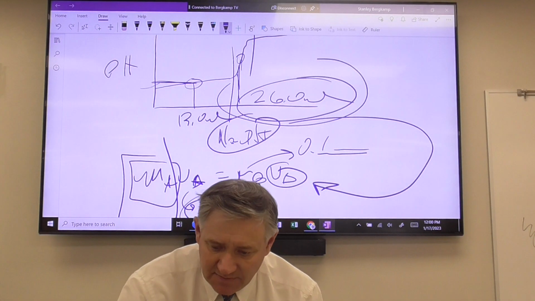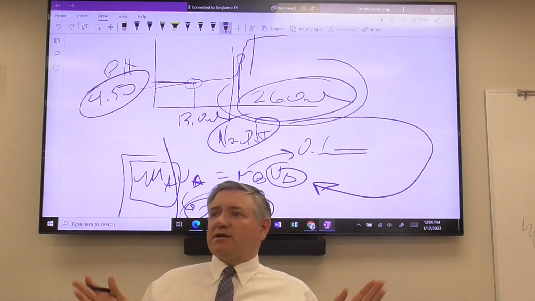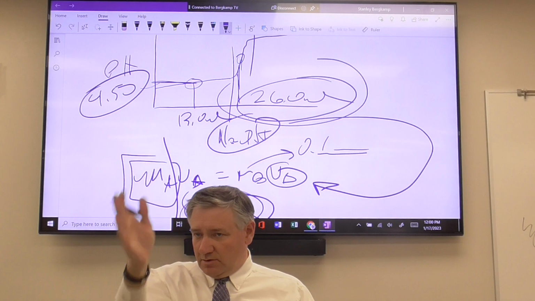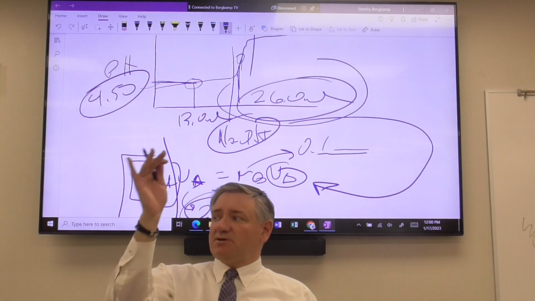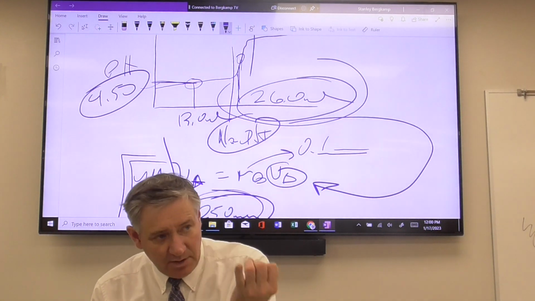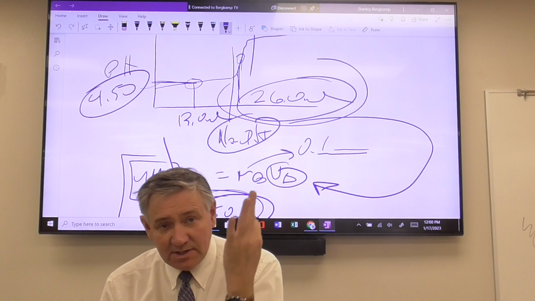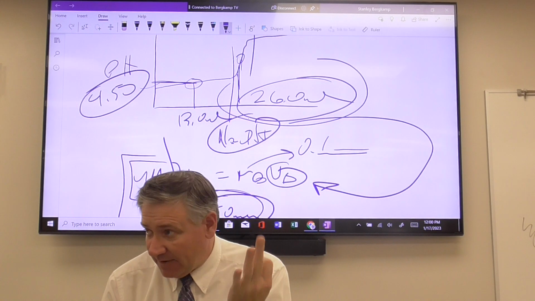Let's say that's 4.50, whatever it is. So you need 3 bits of data off of this graph: the volume at the equivalence point, the volume at half the equivalence point, and the pH at half the equivalence point.